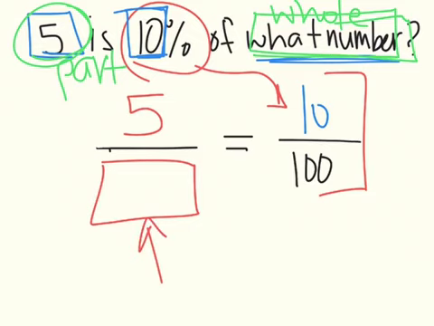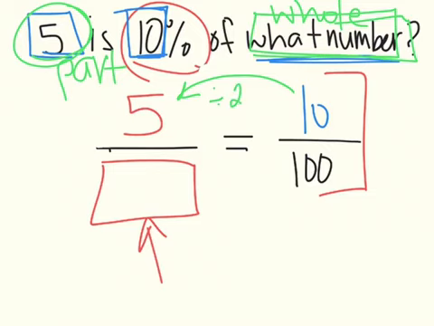I'm now going to look at this problem right here. And for most of us, hopefully all of us, we can see that this looks like an equivalent ratio or an equivalent fraction. So now I need to think about 5 and 10. How would I go from 10 to 5? Well, I know I'm going to have to divide because my number is getting smaller. What would I divide into 10 to get to 5?